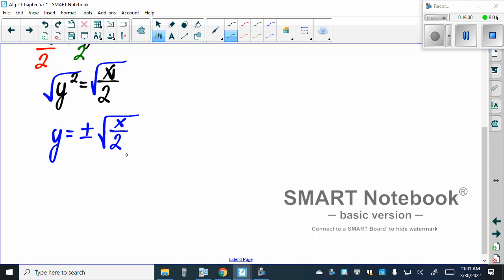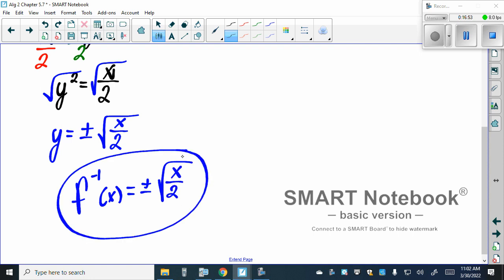Because again, whenever we square root both sides, we have to add the addition or subtraction, which is just telling us that our f inverse of x is equal to plus or minus the square root of x over 2. Now we could rationalize the denominator, but we'll leave it in this form here.